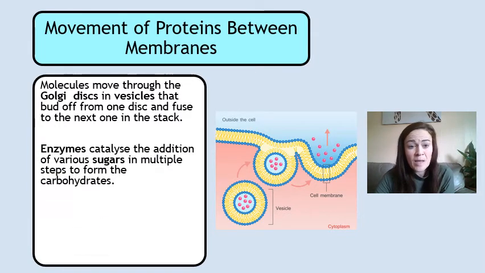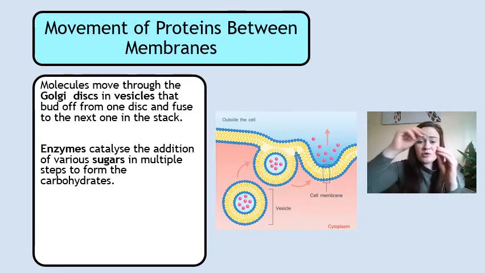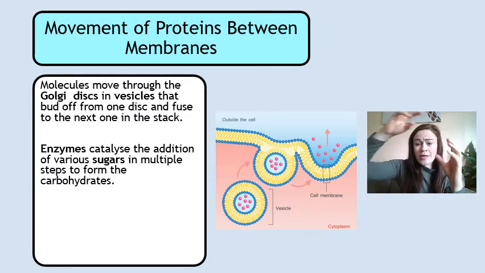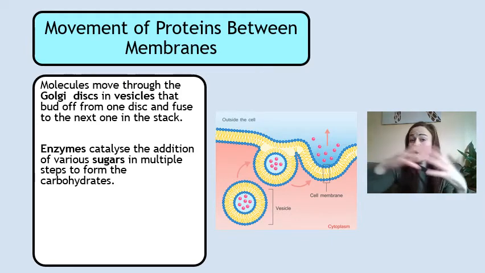For example, enzymes catalyze the addition of various different sugars at various steps of the Golgi apparatus to form these different carbohydrates. Remember, the addition of a carbohydrate group is the most common post-translational modification that occurs.